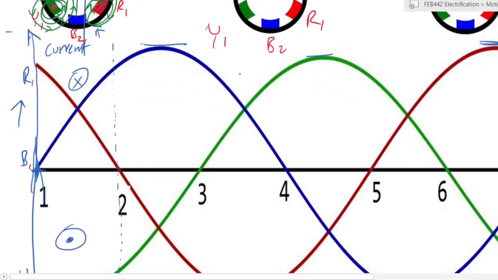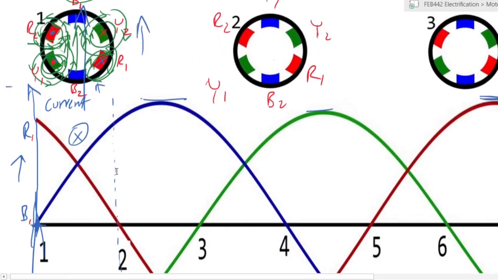A few milliseconds later, the voltages or the currents have changed, because the red at time t1 was positive, but it is now at time t2 0. So there's no current flowing in the red. Blue at time t1 was 0, but now it is positive, which means that B1 will have a positive current.